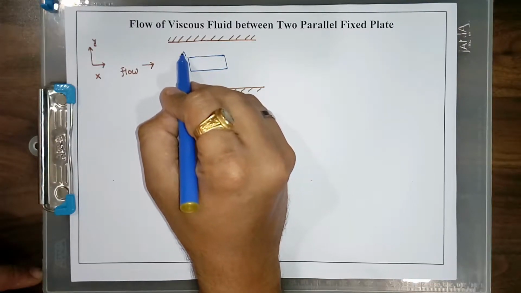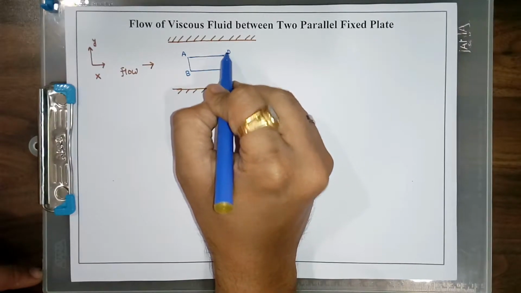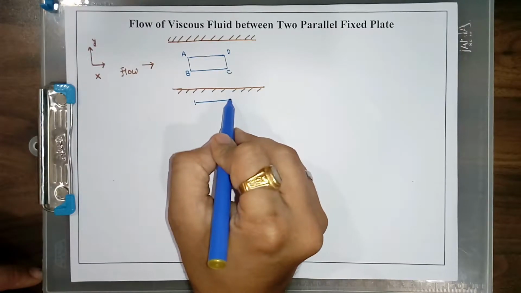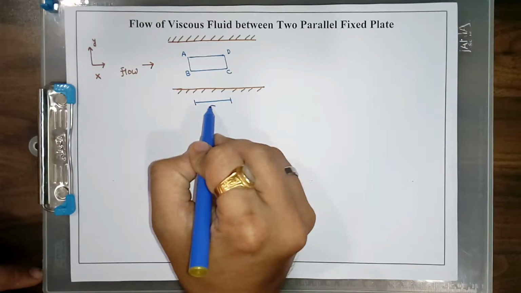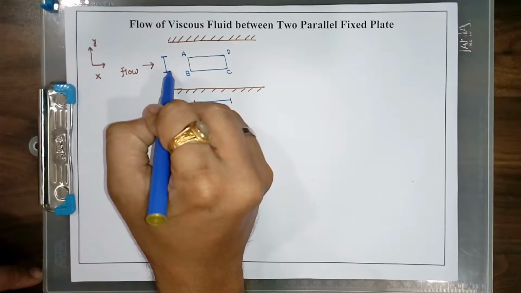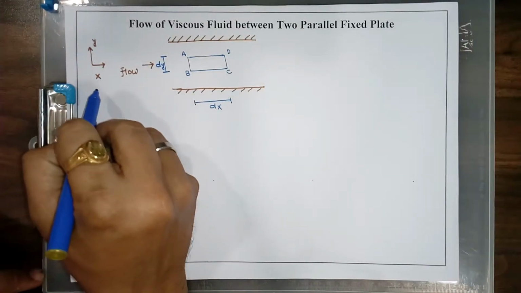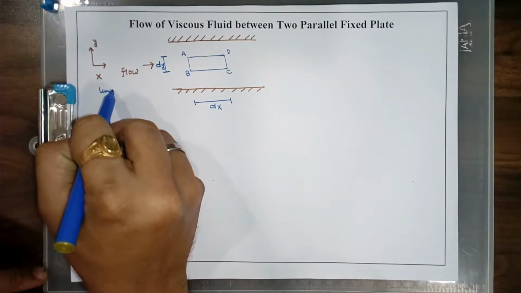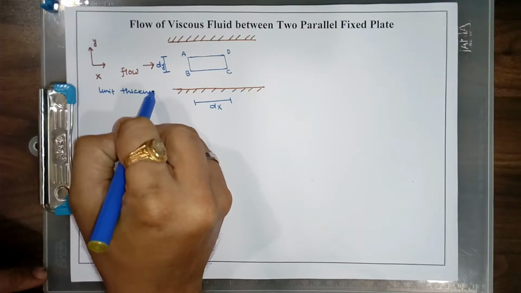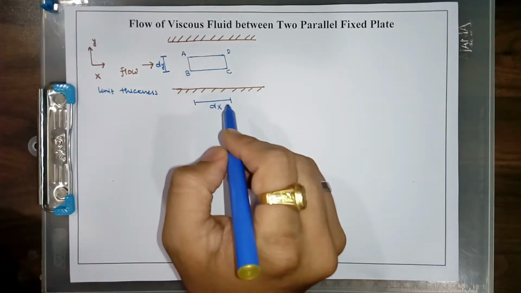So now we give the name A, B, C, D. Here the dimension parallel to the direction of flow is dx, and the perpendicular direction is dy, and we consider the thickness as unit, which is perpendicular to the plane of the paper.